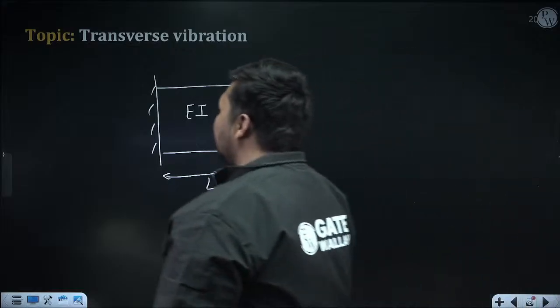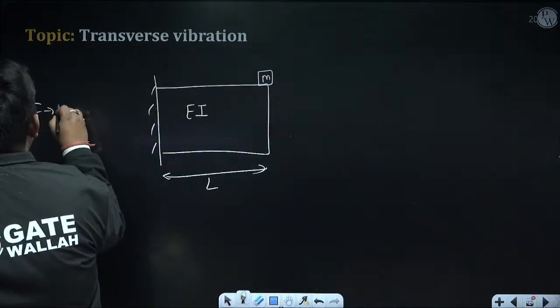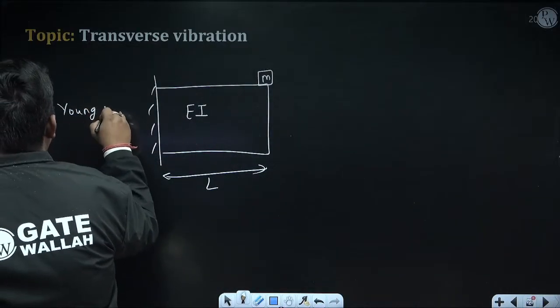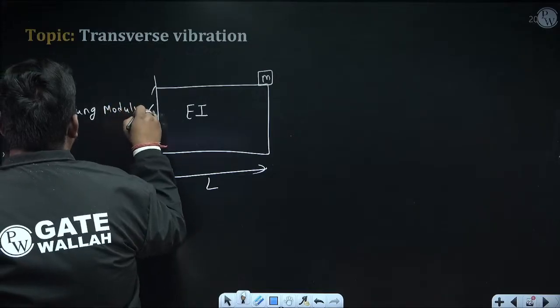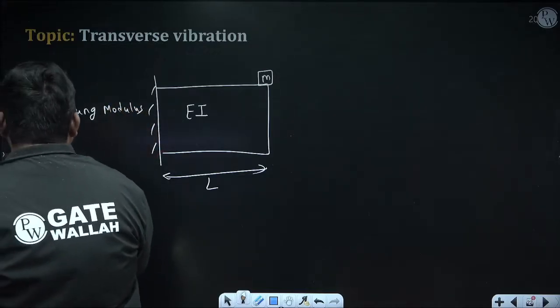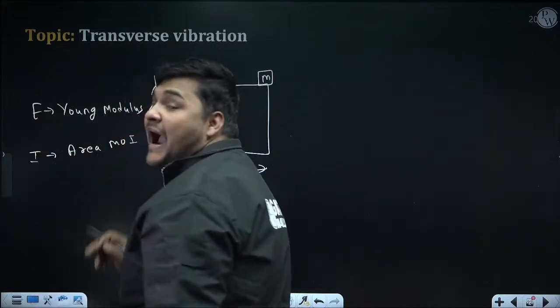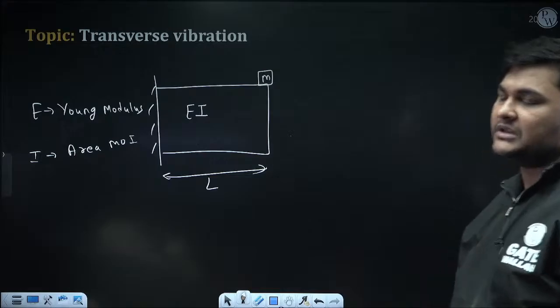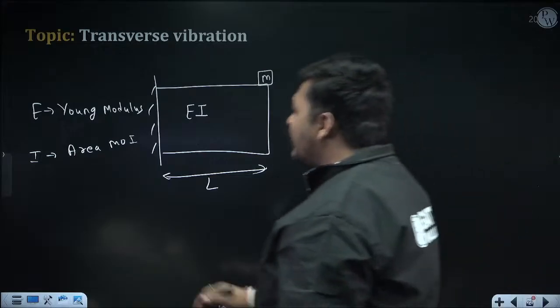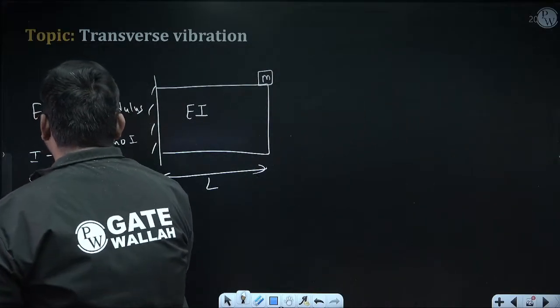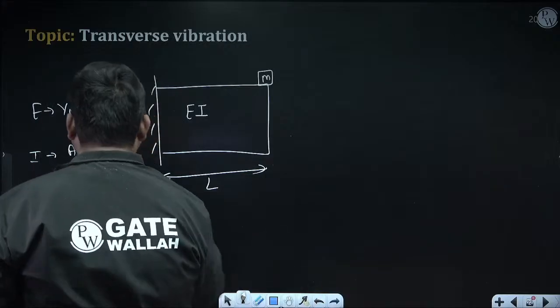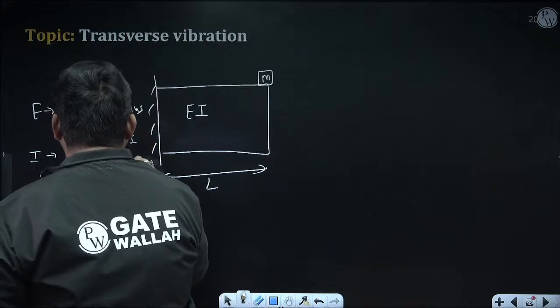What is E? E is again Young modulus. What is I? I is area moment of inertia. It's not mass moment of inertia, it's area moment of inertia of the cross section about the neutral axis.